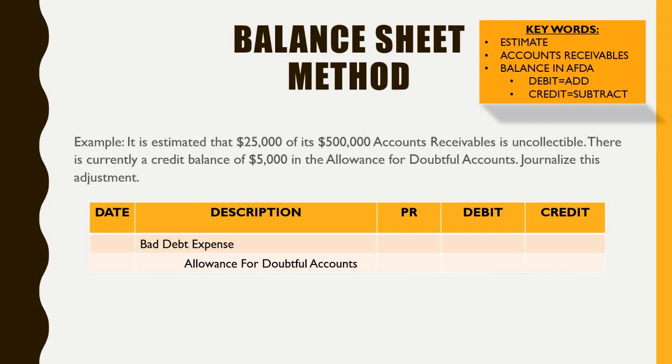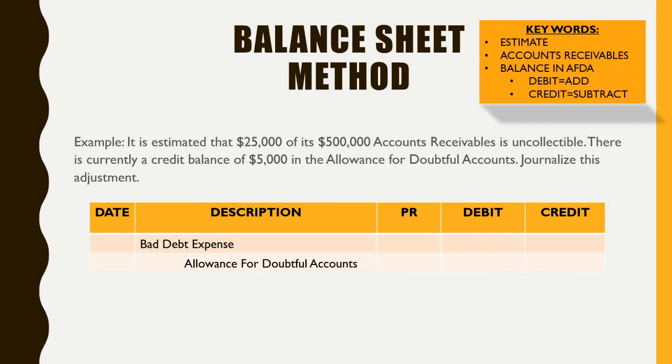So instead of having a debit balance, I have a credit balance of $5,000. So I'm already on the right side. I need to continue going to the right side to 25,000. Right now I'm at 5,000.